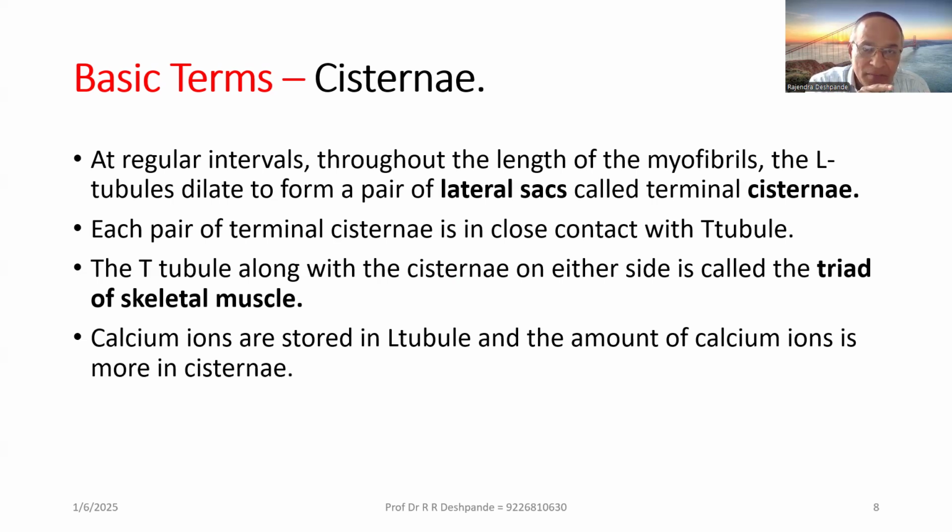Or there may be an SAQ, short answer question, only 3 marks. Triad means 3 things: 2 cisternae and 1 part of the T tubule. So these 3 things are called a triad. Calcium ions are stored in the L tubule, and the amount of calcium ion is more in the cisternae.